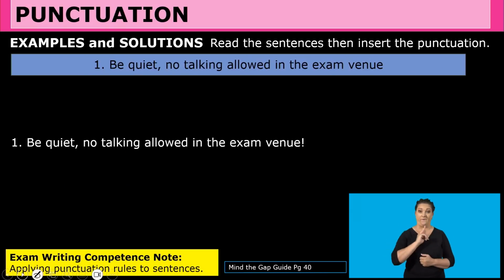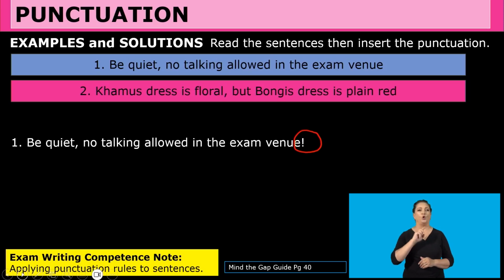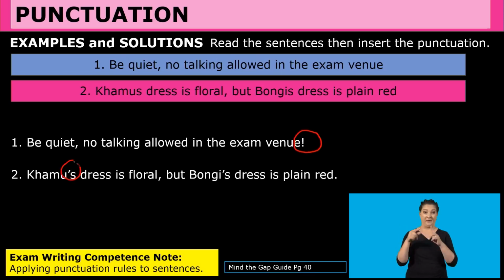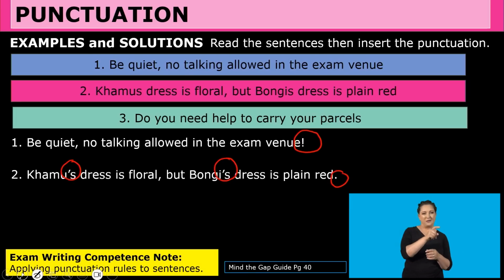Already you've noticed a change in my voice, so look at the exclamation, all right, because you noted the tone. Kamu's dress is floral, but Bongi's dress is plain red, all right? I want you to see in the response, see how the apostrophe is indicating possession and our full stop is indicated there, right?